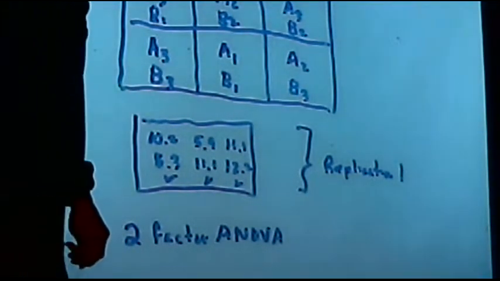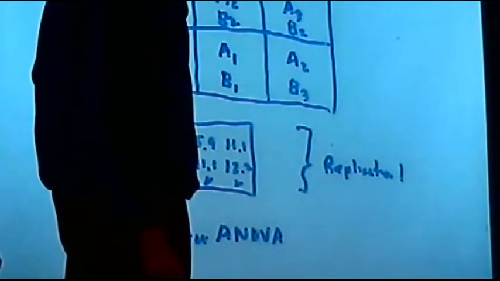Now, what if we have 3 replicates? What if this one comes with 3 replicates? Will it still be a 2-factor ANOVA? Yep.